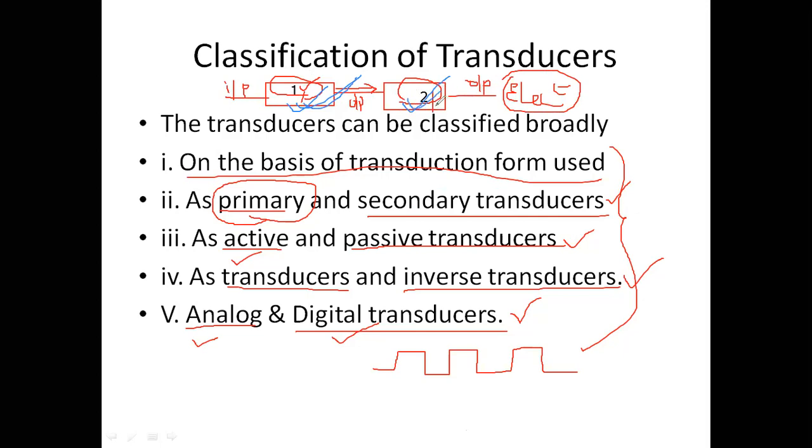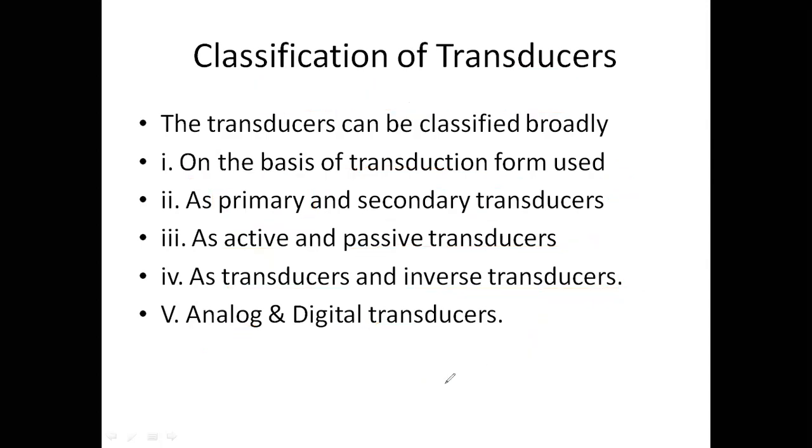For example, here I am using three transducers: transducer one, transducer two, transducer three. The output of the first transducer is fed as input for the second transducer, and the output of the second transducer is fed as input for the third transducer.